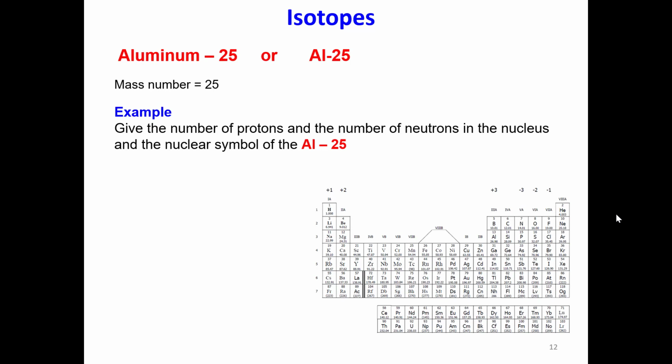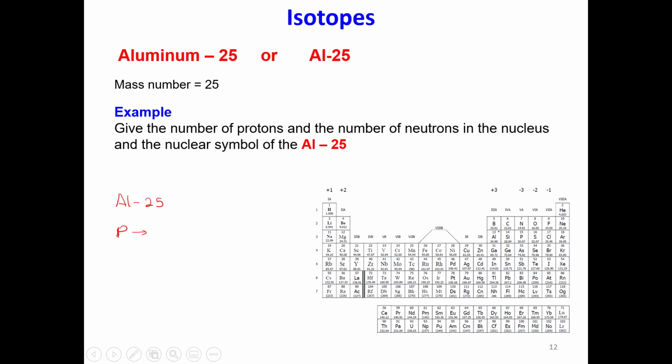Now we can write the number of protons if we have aluminum 25. Let's start with the number of protons, which is 13. And how do we know?